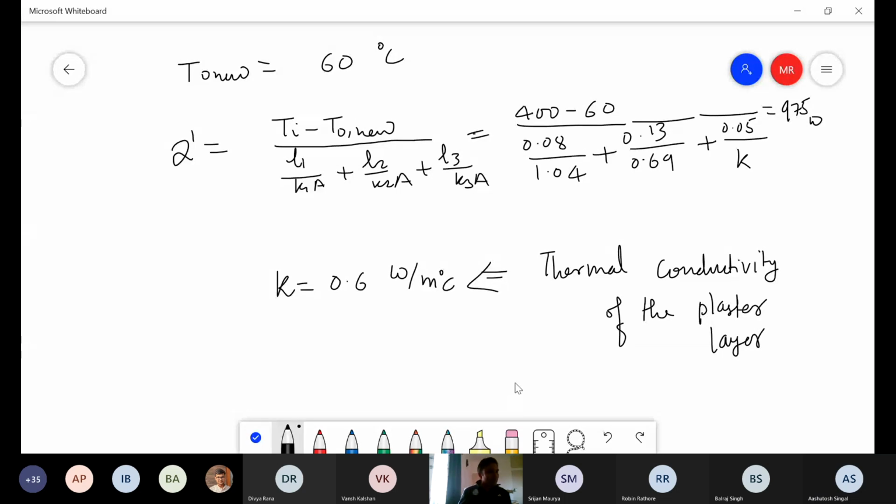Q will be obtained as per unit area. If nothing is given, you can assume per meter square cross sectional area. Mostly it is specified.